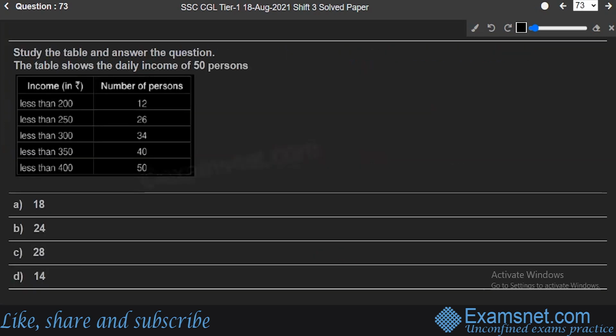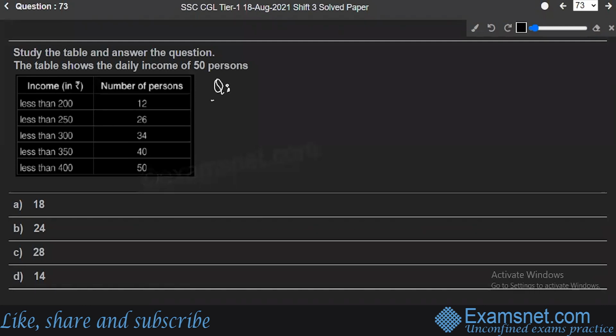Next, question number 73. You have to study the table and answer the question. The table shows the daily income of 50 people. Less than 200 is the income of 12 people, less than 250 is the income of 26 people, less than 350 is the income of 40 people, and so on. Okay.